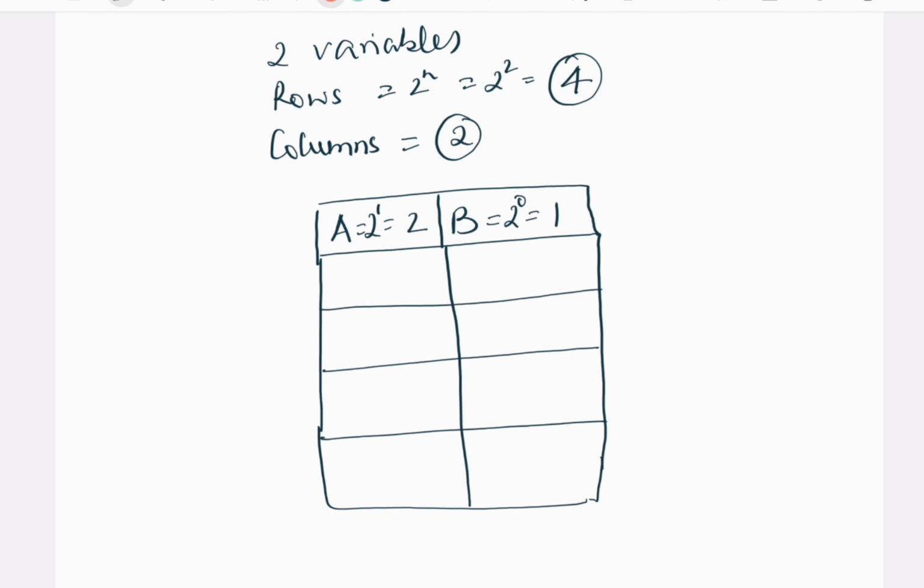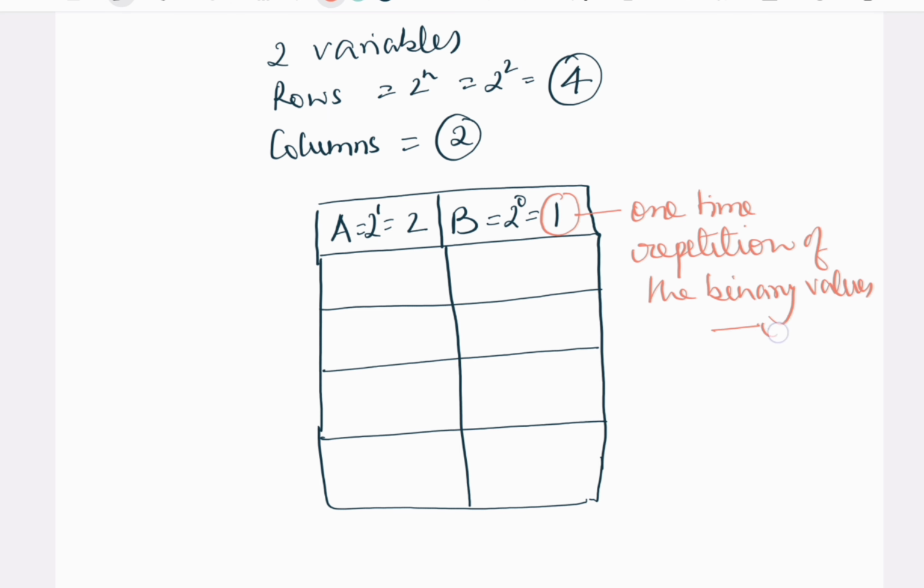This 1, I'll just highlight this. This 1 means one time repetition of the binary values 0 and 1.